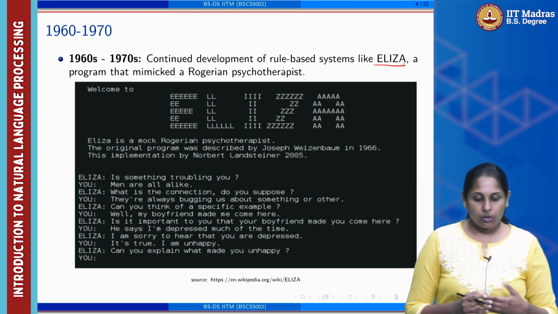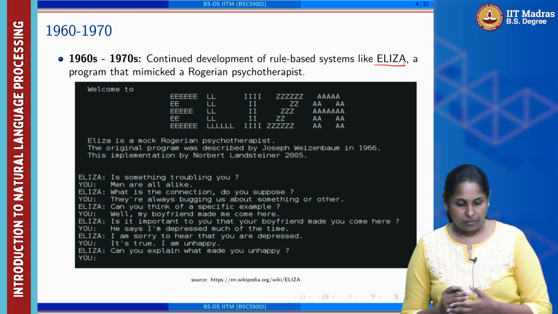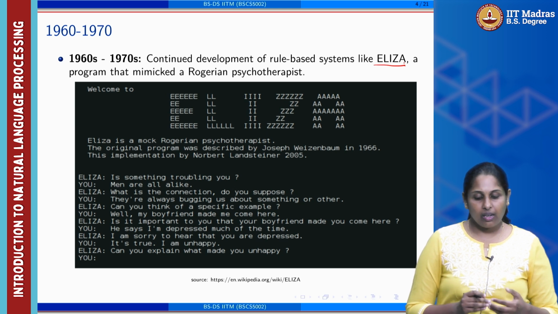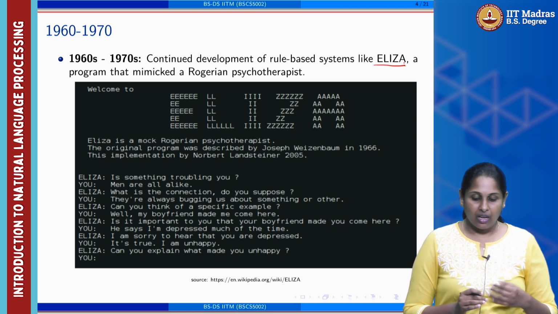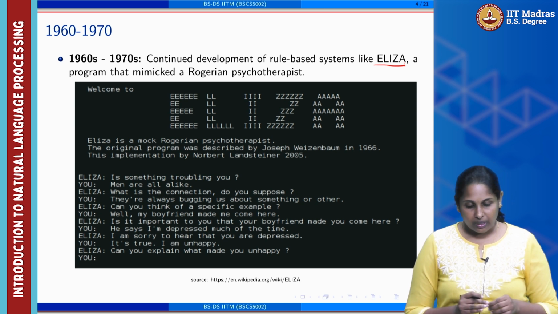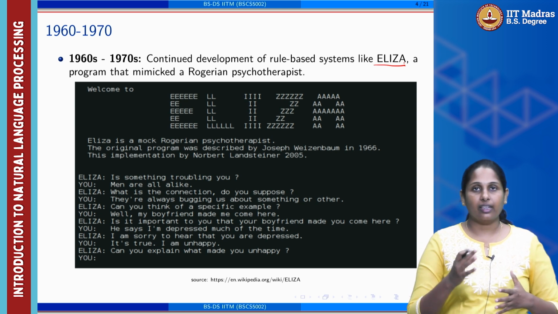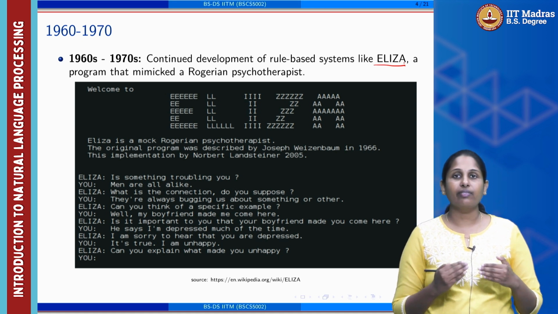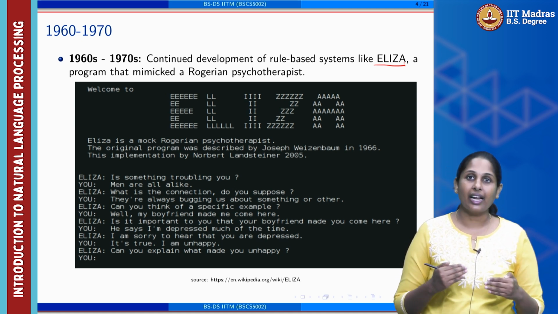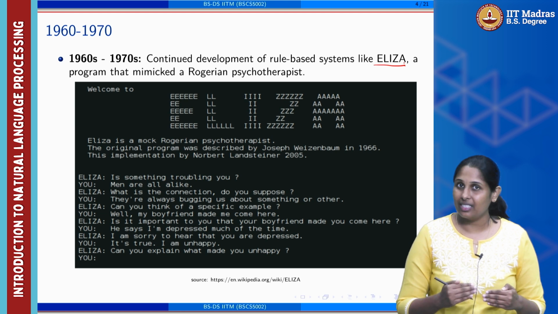And Eliza says, "What is the connection, do you suppose?" The person says, "They are always bugging us about something or other." So Eliza asks, "Can you think of a specific example?" Okay, the discussion still continues. You could see there is a chat between the man and the machine during the 1960s.